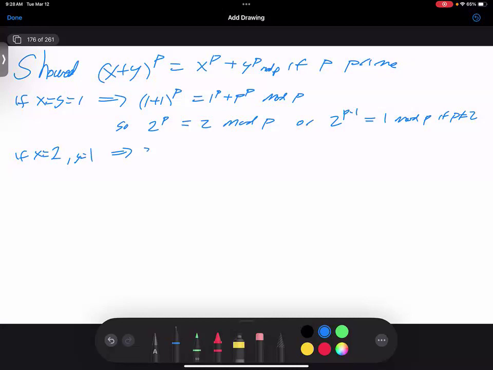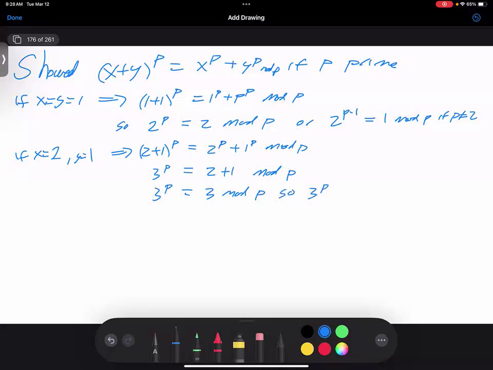So now we get 2 plus 1 to the p is equal to 2 to the p plus 1 to the p mod p. Now what does 2 to the p equal mod p? 2 plus 1 mod p. So 3 to the p equals 3 mod p.